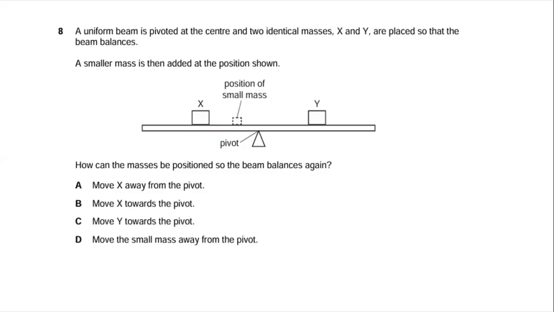So when we add a small mass this way, the left-hand side of the pivot will go down. To balance that, we have to shift the mass towards the pivot. So move X towards the pivot. Answer is B.